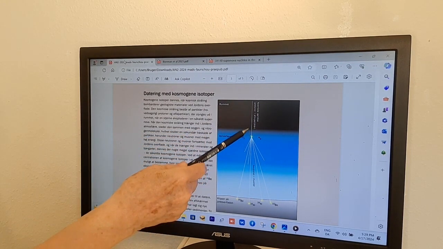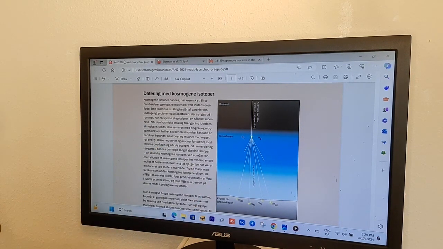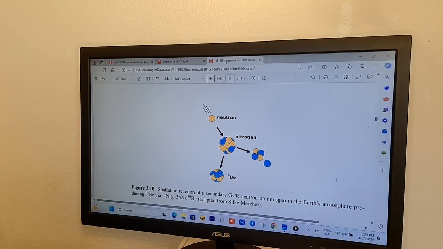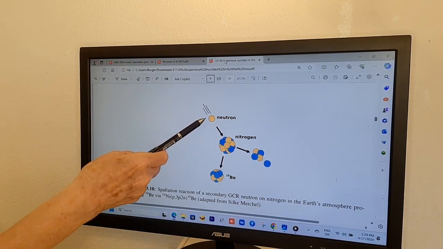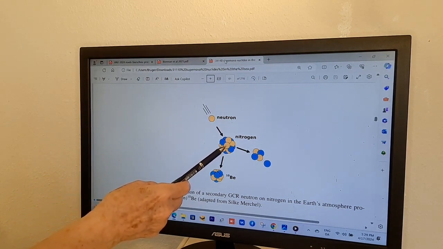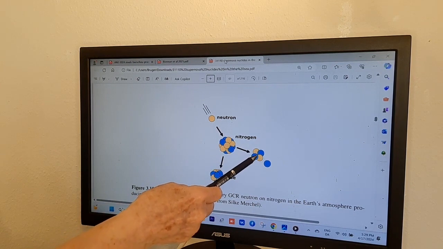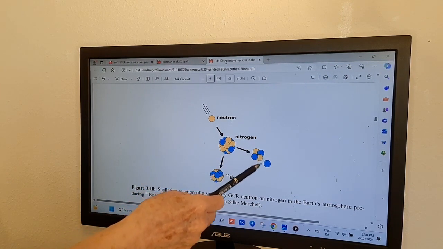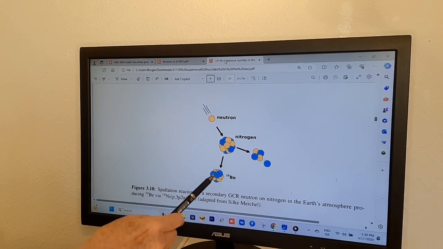So when they hit here, this is what happens. One of the neutrons from the cosmic rays hits nitrogen, and it splits into helium, 2 protons and 2 neutrons, and a separate proton, and what is left is beryllium-10.